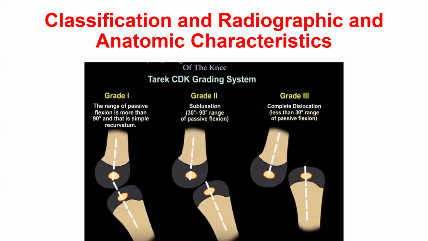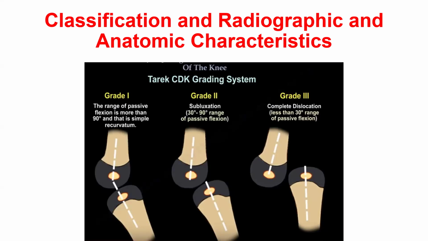At grade 2, there is subluxation of the tibia anteriorly on the femoral condyles. So you have to keep this in mind. There can be some flexion from 30 to 90. And grade 3 is a complete dislocation, less than 30 degrees range of passive flexion. You have to keep this in mind. These are the 3 grades of congenital dislocation of the knee.